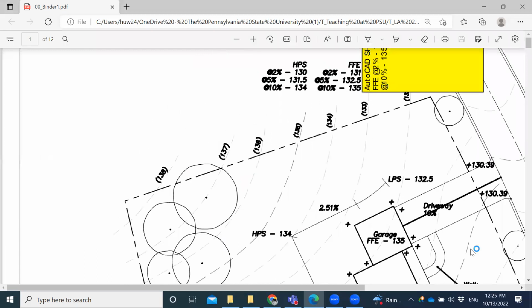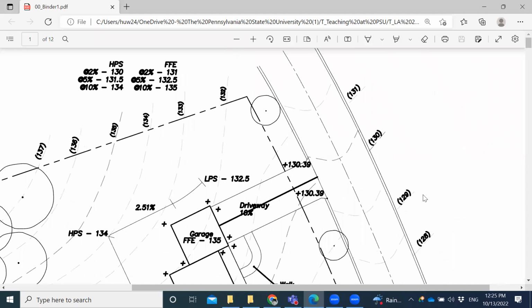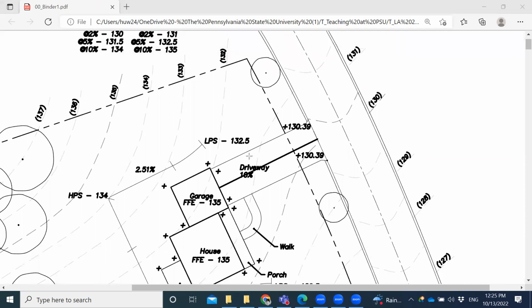It's not very clear which spot that you calculated, but essentially what you need to calculate is the spot over here. So you would extend the boundary of the walkway so that it intersects with the driveway and your road, and then we calculate that spot and this spot.